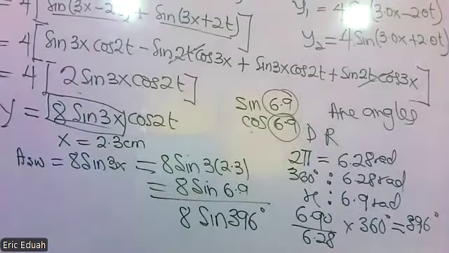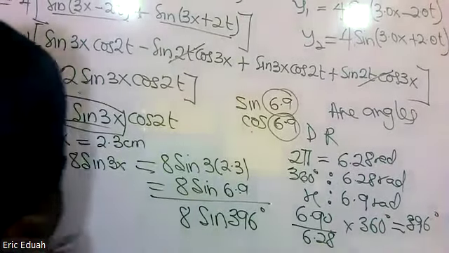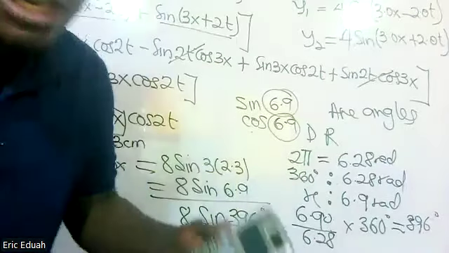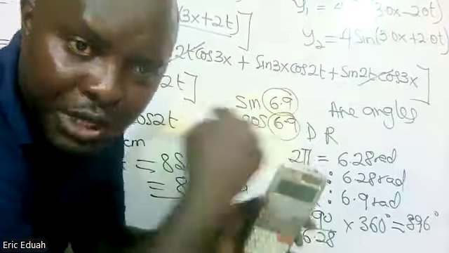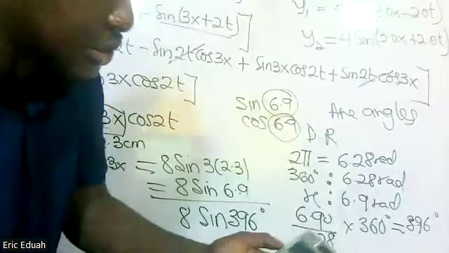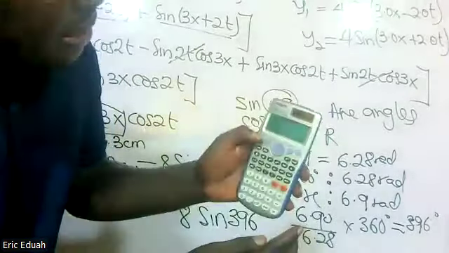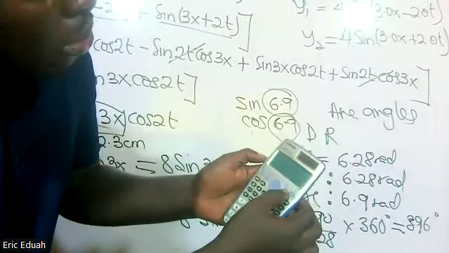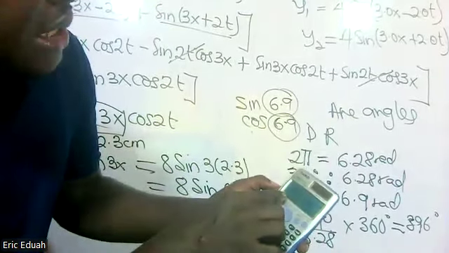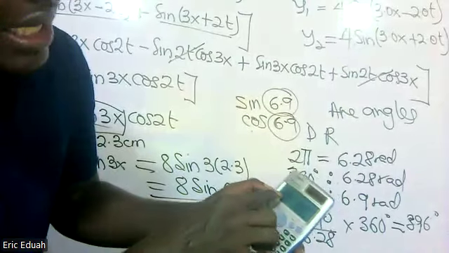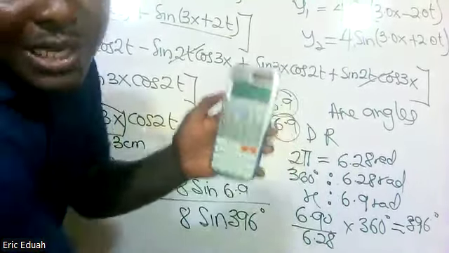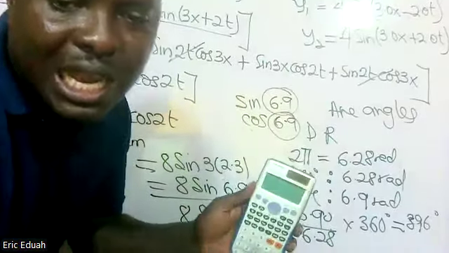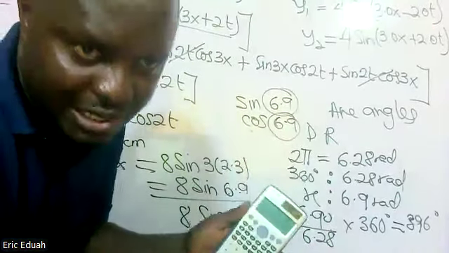Now, if I want to calculate in degree, then I must change my calculator's angular measurement back from radian to degree. So the same method: shift, mode, then you see degree is at 3. So you press 3. It will reset your calculator's angular measurement back to degree.